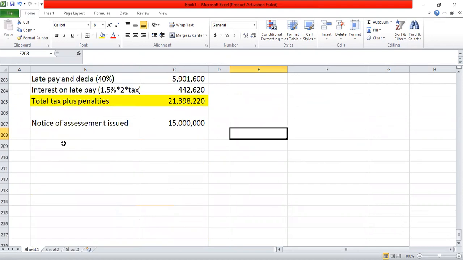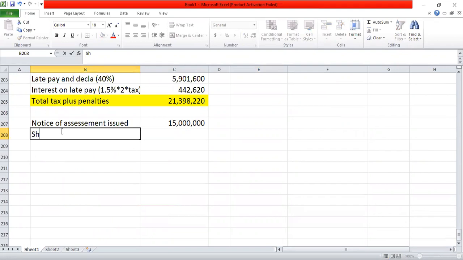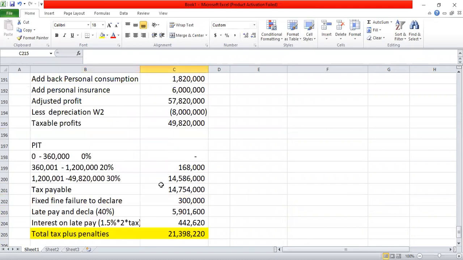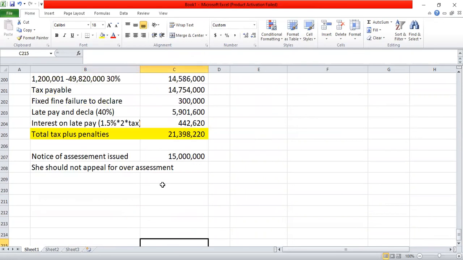Based on the notice of assessment, she should not appeal for overassessment. She shouldn't appeal for overassessment. That is the advice that we can give in this case.